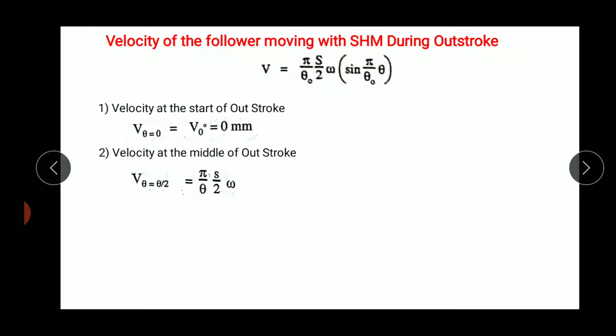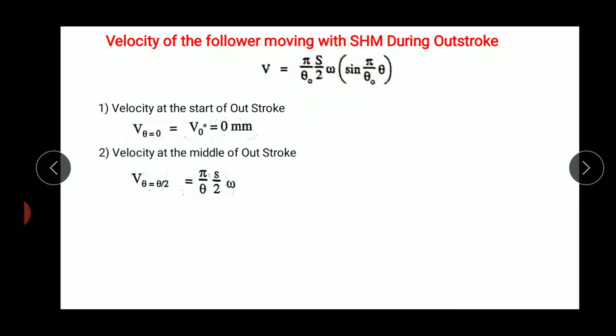I advise you that while solving any question on velocity, acceleration or jerk, first see whether this trigonometric part will become 0 or not. If it becomes 0, your calculation will become simple. Even if it becomes 1, you need not calculate this part, you only have to calculate the remaining part.